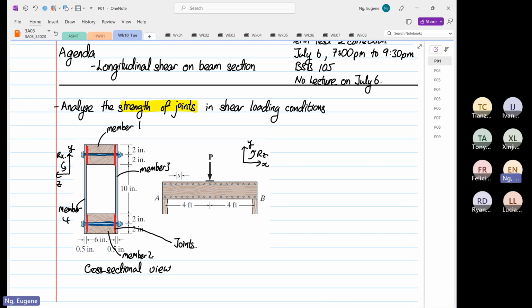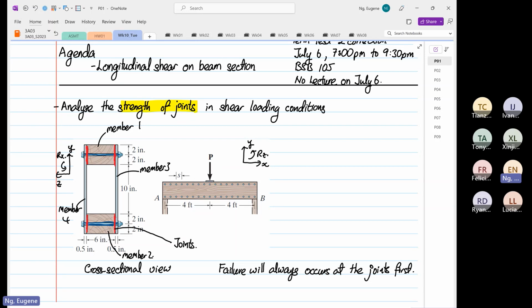And failure will always occur at the joints first. It's like us humans, right? Where we are weakest is our knees, our elbows. The knee usually is a problem part, so that's where you have knee replacement. That's where we have hip replacement. Because it's the weakest part.